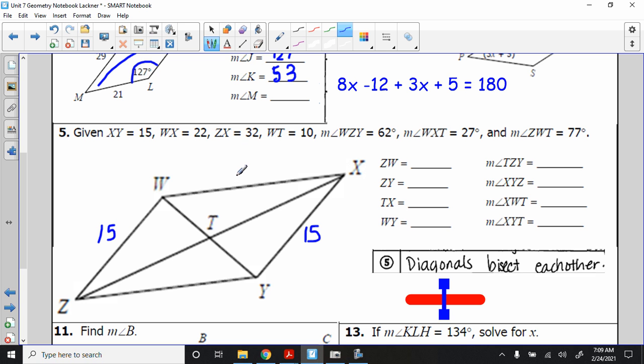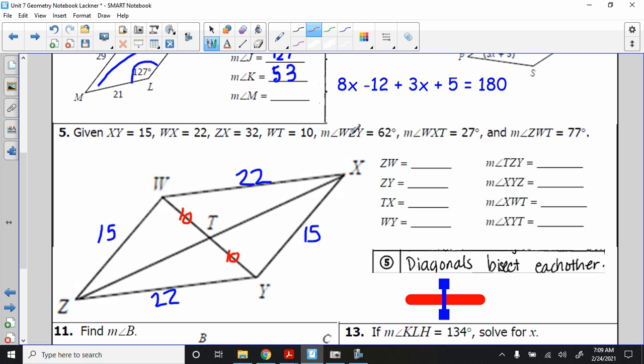WX is 22, so if that's the top side, I already know the bottom side's 22. WT is 10. This is our first diagonal. I'm going to put it right on that diagonal. That's half the diagonal, WT. So since these two cut each other in half, that means this also has to be 10 on the other side.